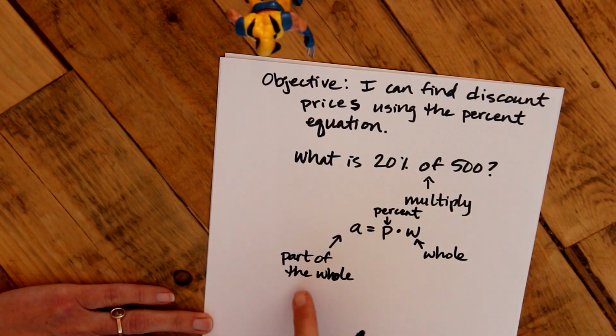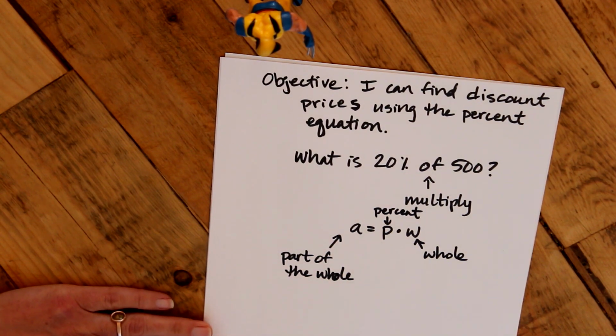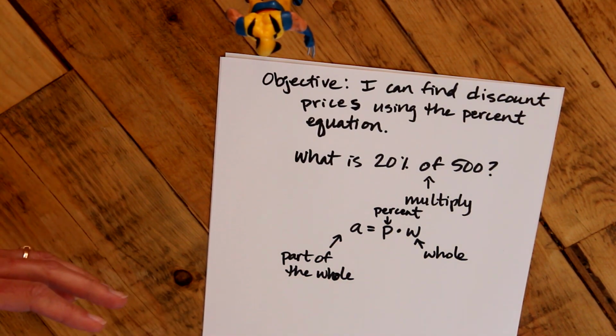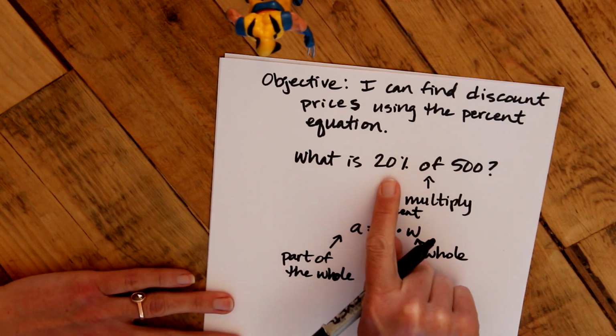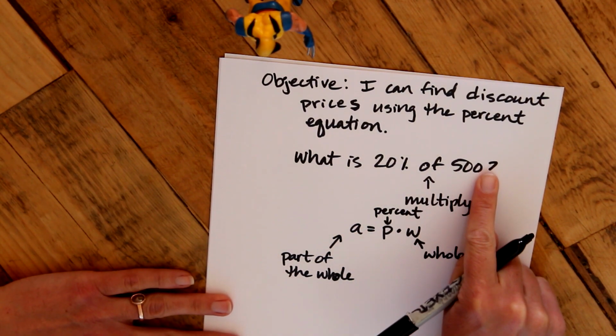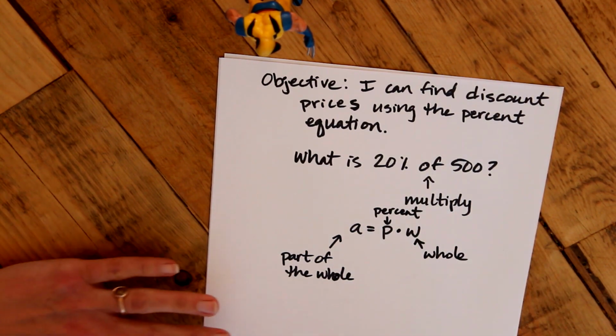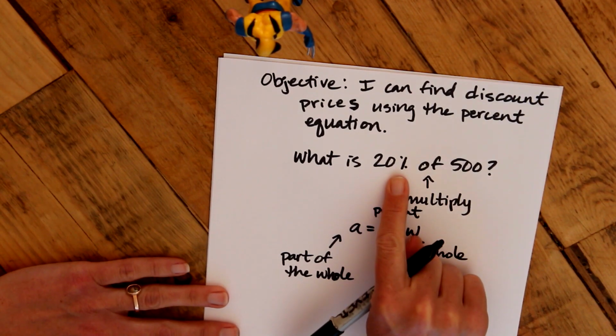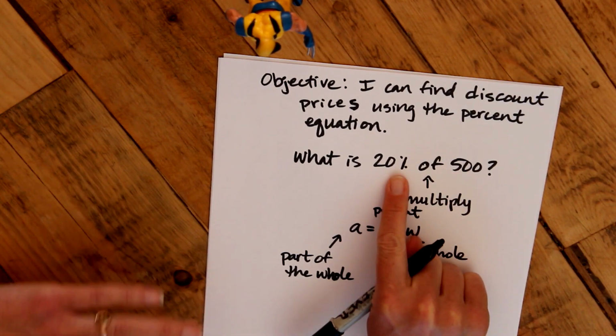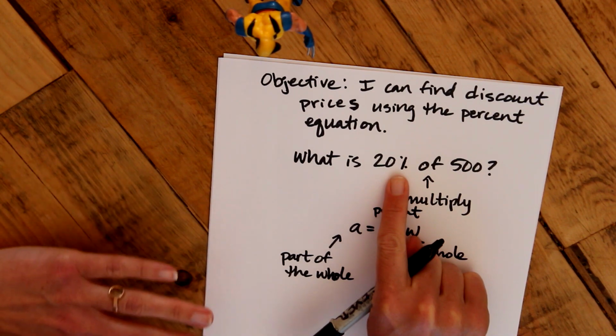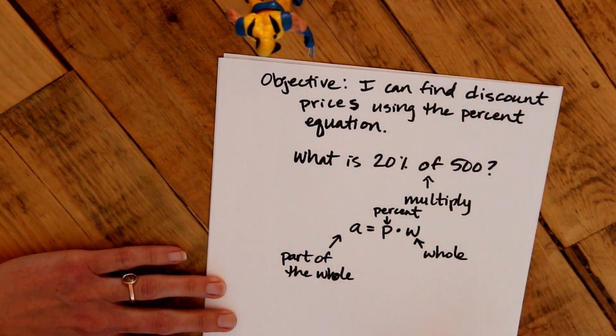So in order to find the part of the whole, or in other words, the discount, we need to multiply 20% by 500. But we're not going to multiply 20% in that original form. We're going to convert 20% to a decimal first, then use that decimal form to multiply by 500.